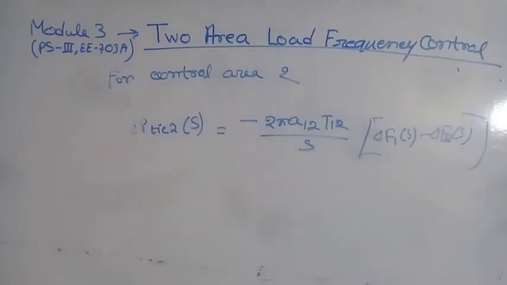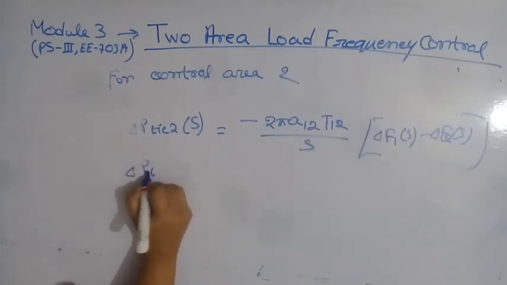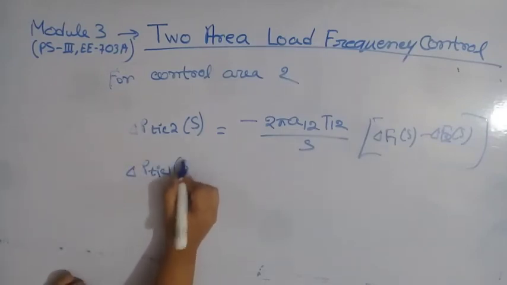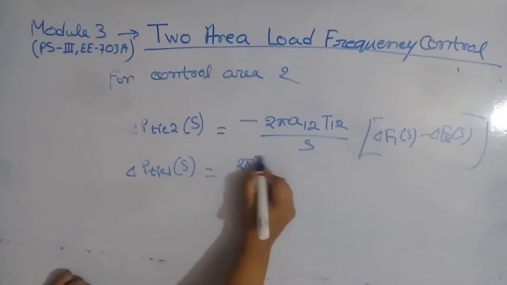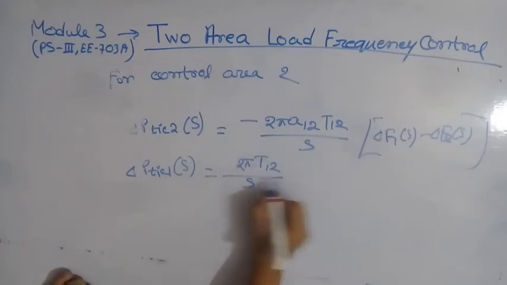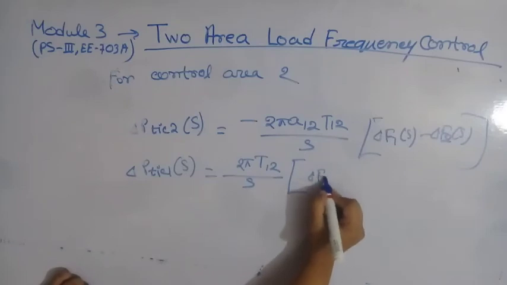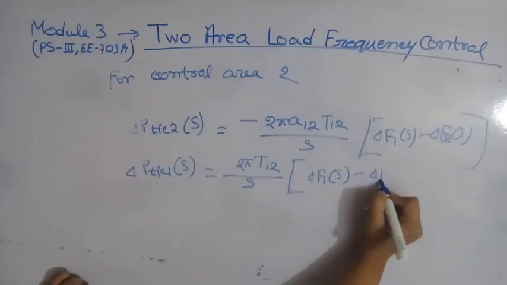Okay, now what is the value of delta P tie line 1? This is equal to 2 pi T12 by s into delta f1s minus delta f2s.